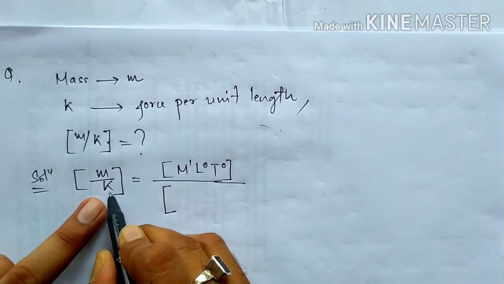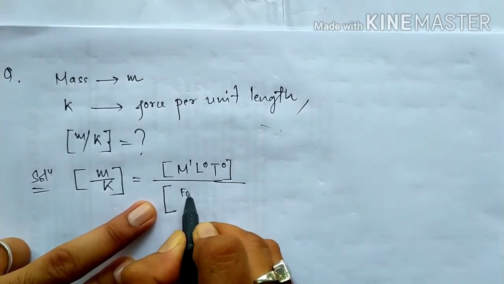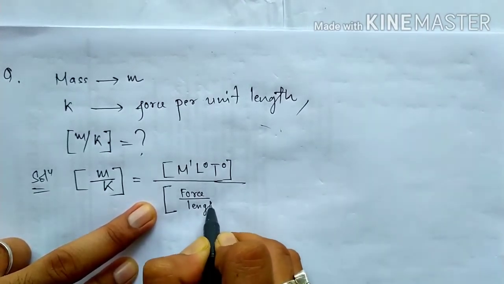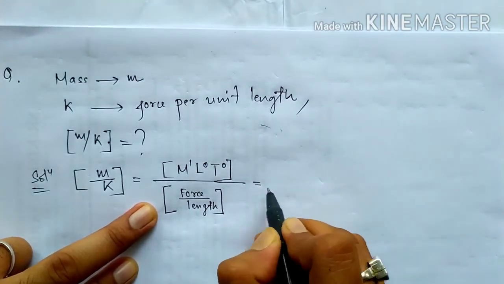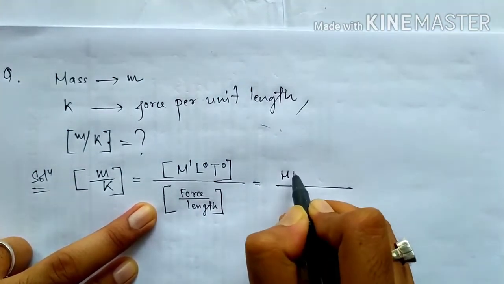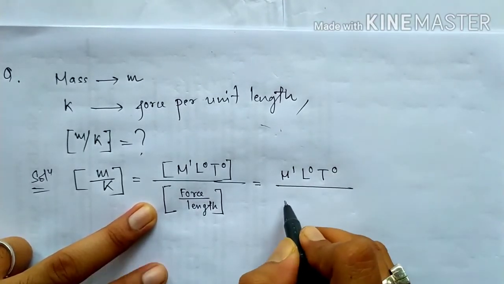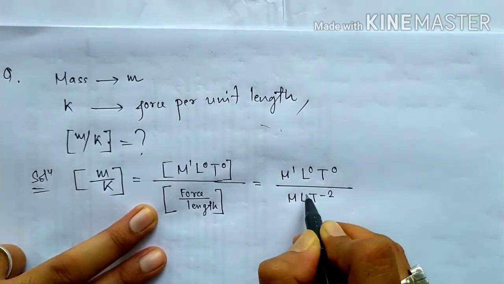Now what does k represent? Force per unit length. That means it is force divided by length. So I can write M to the power 1, L to the power 0, T to the power 0 divided by, what is the dimension of force? M L T to the power minus 2.